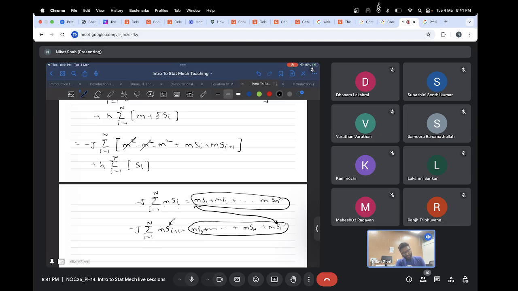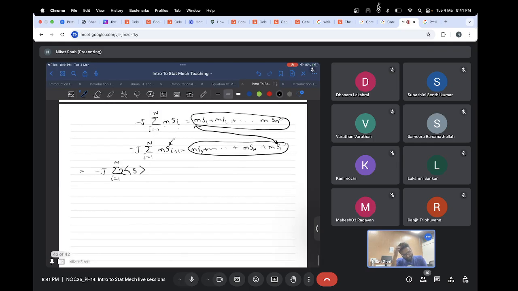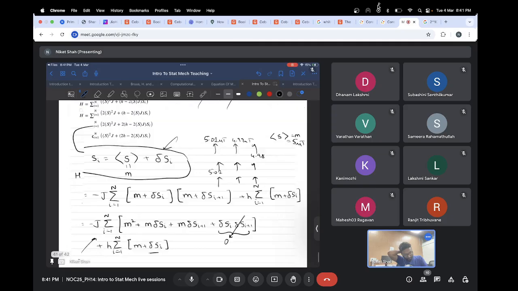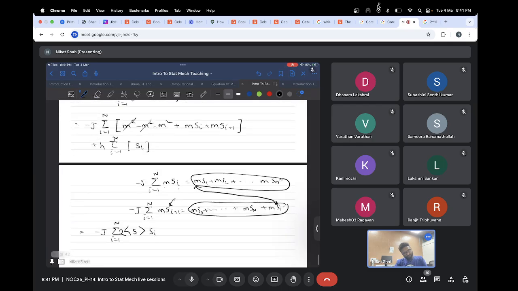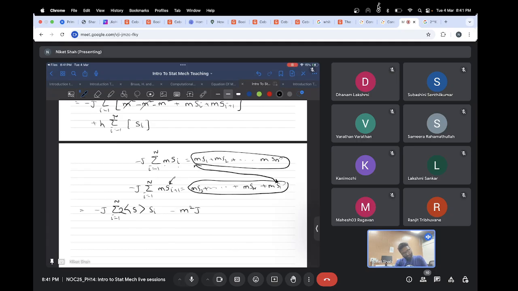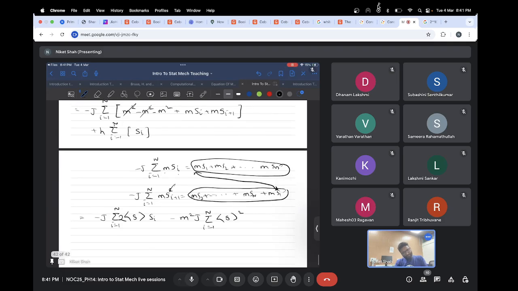So what you can do is simply write this as equal to minus J M. Now I'll write it as expectation of s, sum over i equals 1 to N, expectation s, two times expectation of s into Si, minus M square J sum over i equals 1 to N, expectation of s the whole square, plus h sum over i equals 1 to N Si.